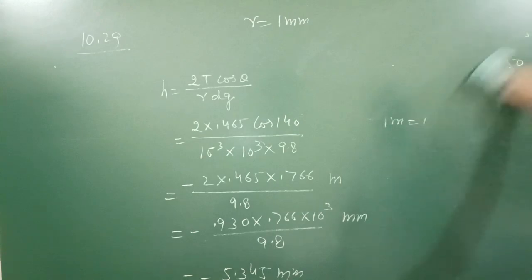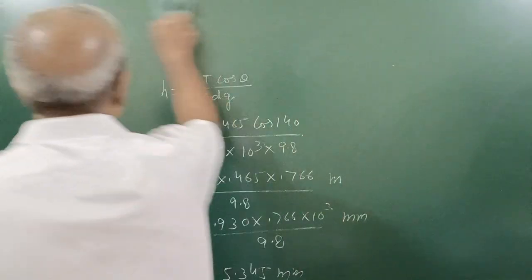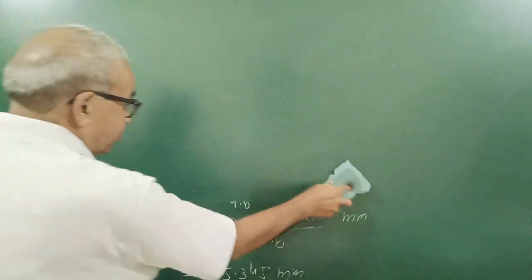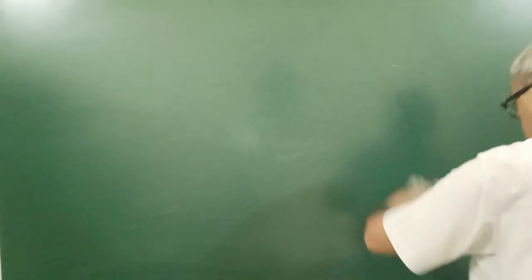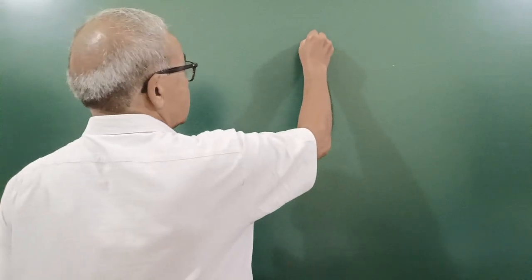Now this was one simple question on surface tension. Now there is a question from NCERT. Two narrow bore capillary tubes are connected together, having diameter 3 mm and 6 mm.